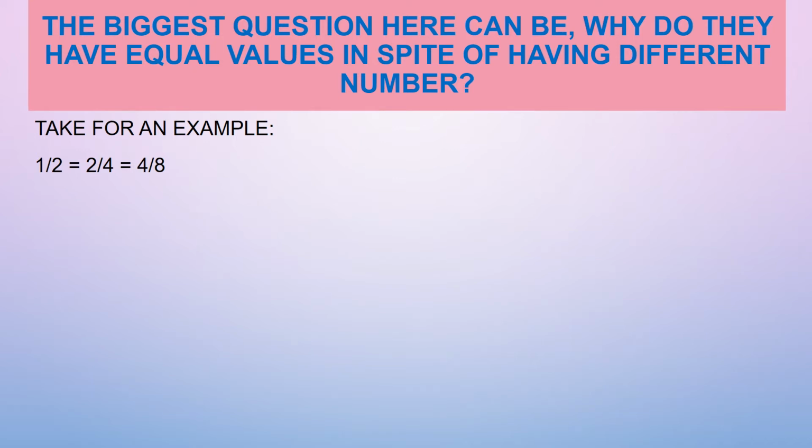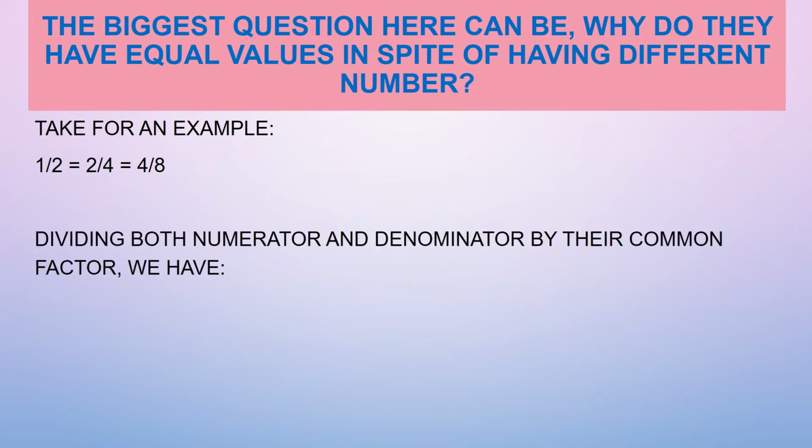It is clearly seen that the above fractions have different numerators and denominators. First, we will consider 4 upon 8. Dividing both numerator and denominator by their common factor. Here the common factor is 4. We have 4 divided by 4 upon 8 divided by 4, which is equal to 1 upon 2.